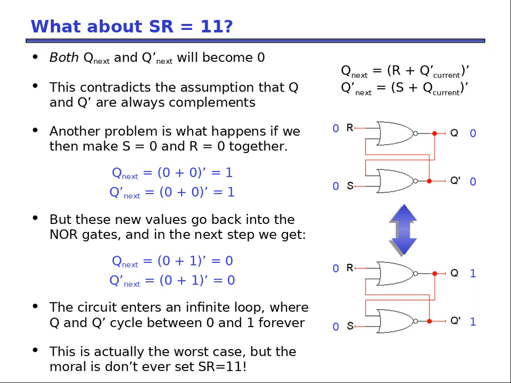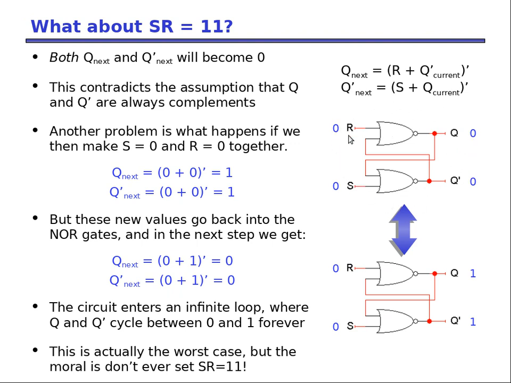So if you set both S and R to 1, then if you come up here to our formulas, Q next is 1 or, well, we don't care, because we have a 1, so that makes it 1, nodding that is 0, so Q next has to be 0. S is 1, so we don't care about that, so nodding 1, it makes it 0, so Q next and Q not next have to be 0, aka this circuit.